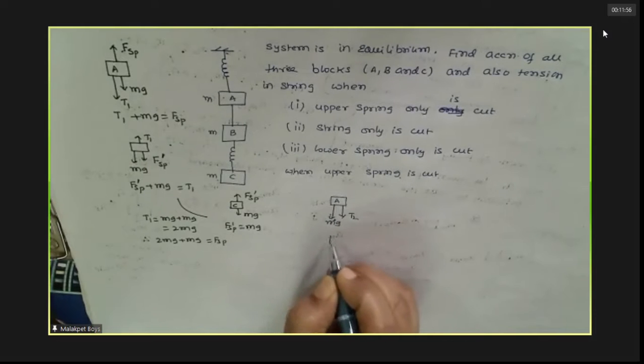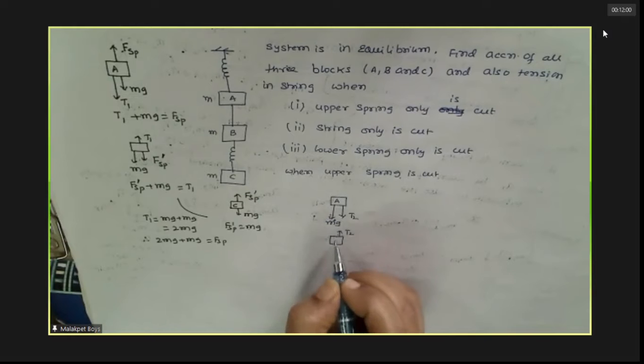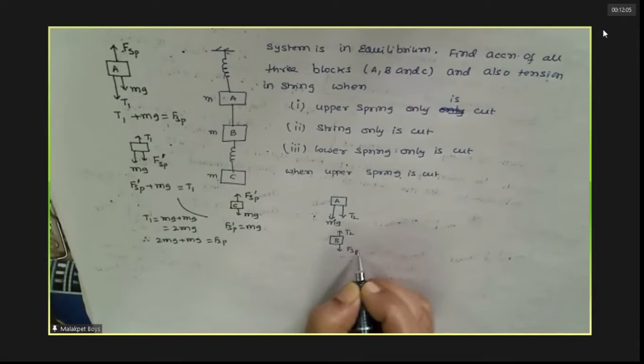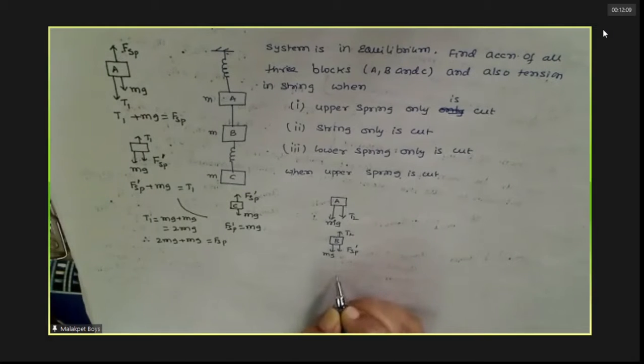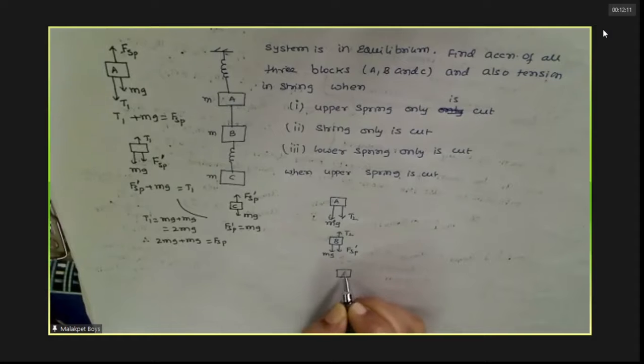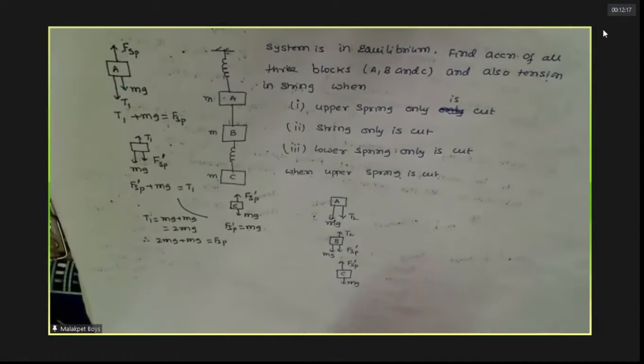And again, this is T2 as far as B is concerned. And the spring force will not change. And the last part of this is C. This is mg. Any doubt till here?